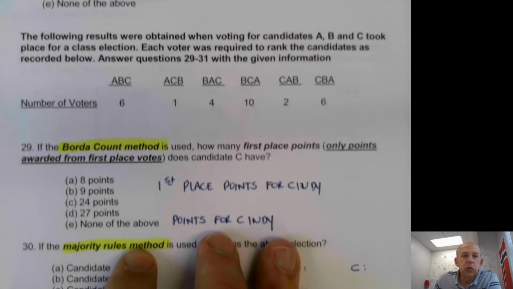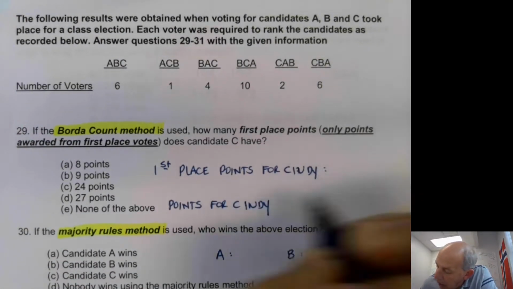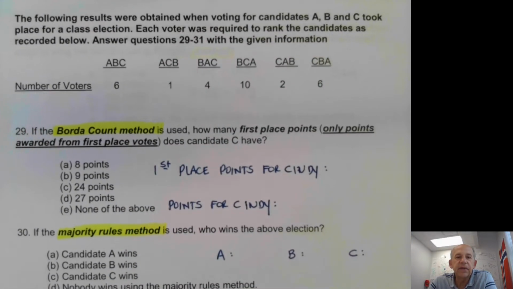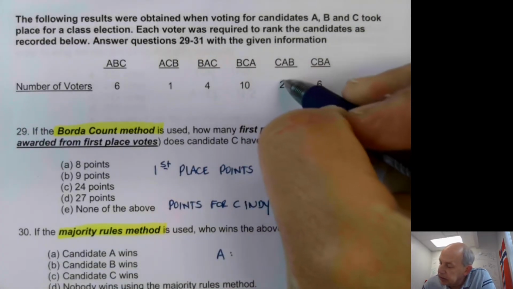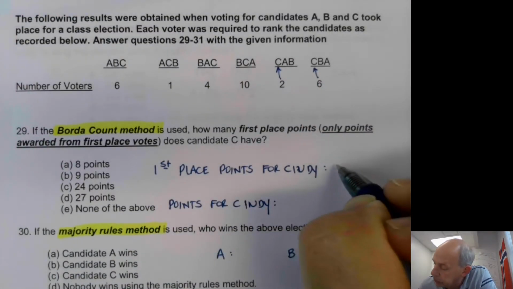Let's take a look at 29 and this chart for the next few questions. This one's a little bit tough. I want to do two parts for number 29. I want to see the first place votes for Cindy, and I want to see the total points for Cindy. So here's what I do with the first place votes. Cindy is in first place with those 2 voters and those 6 voters.